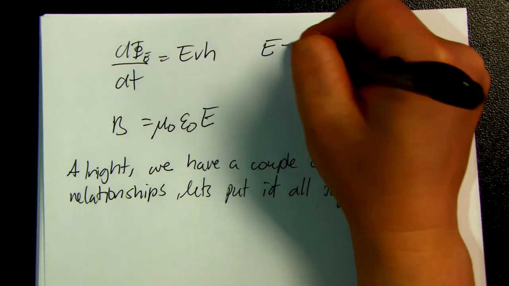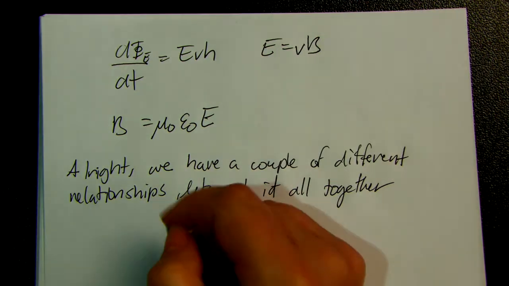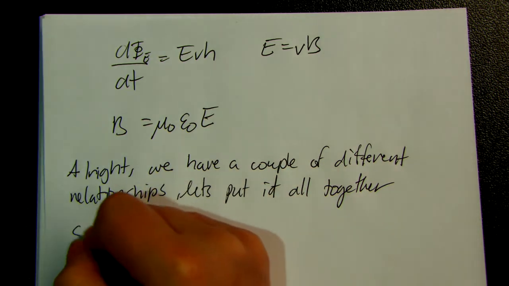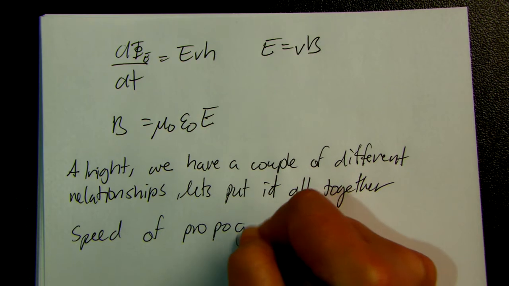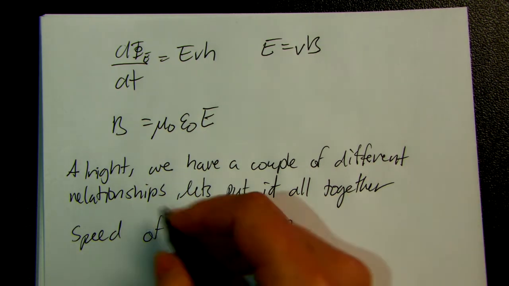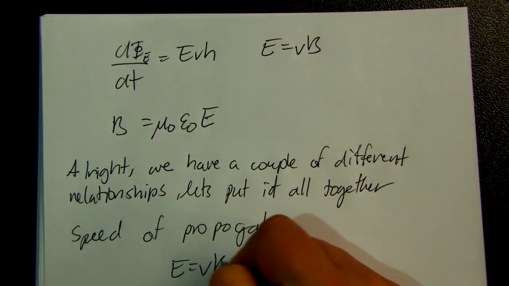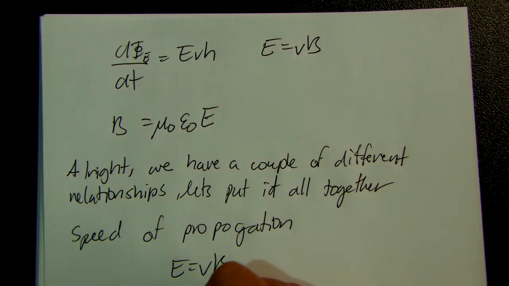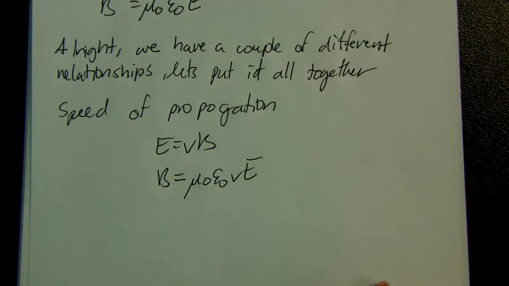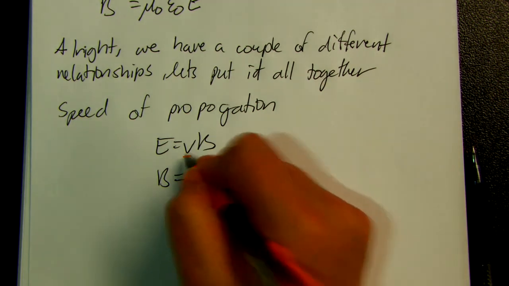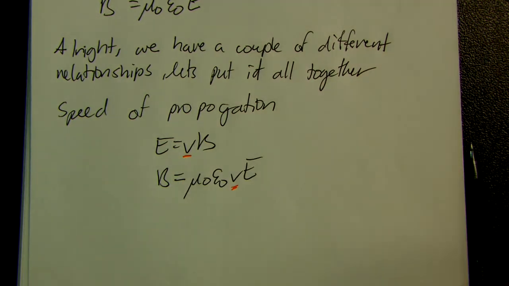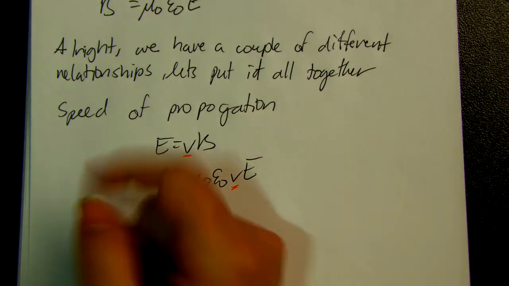We also had E is equal to VB, and B is equal to mu naught epsilon naught VE. So we've got a V here, and we've got a V here. Let's solve for it.